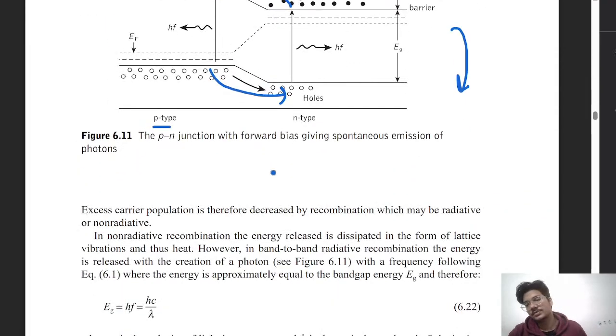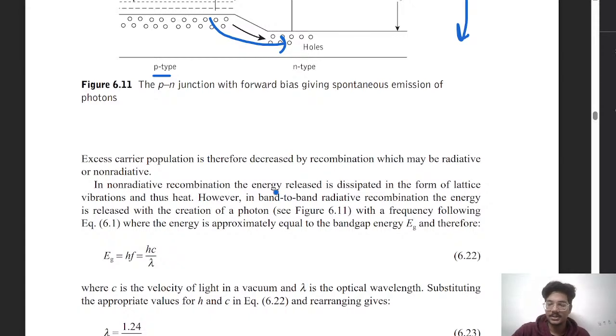Radiative recombination: if the semiconductor is a direct band gap material, the electron falls directly across the band gap, and a photon is emitted, useful for the LED and laser.